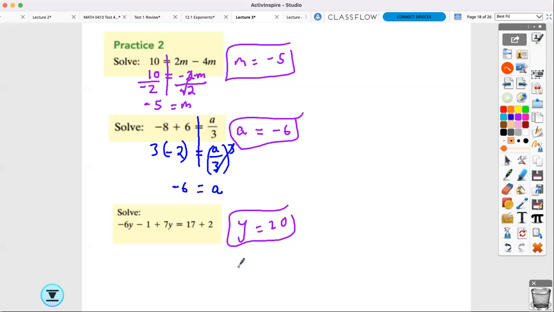Any questions on what we did for the first two? Well, y equals 20 was correct, guys. So the last one was good. Anyone have any questions for the third one before we move on? I'm just still copying.